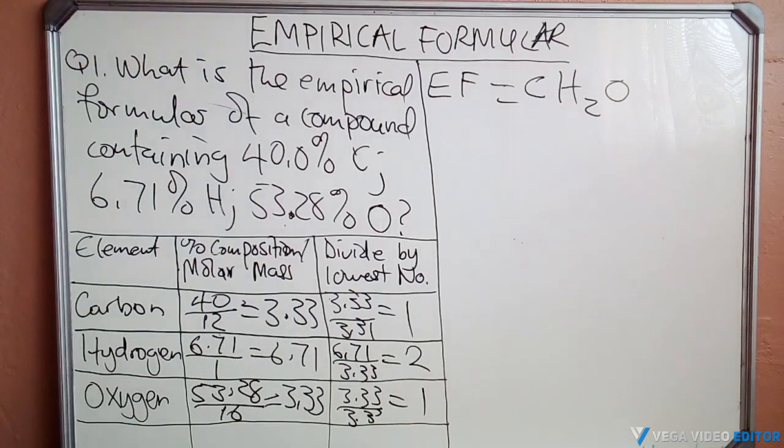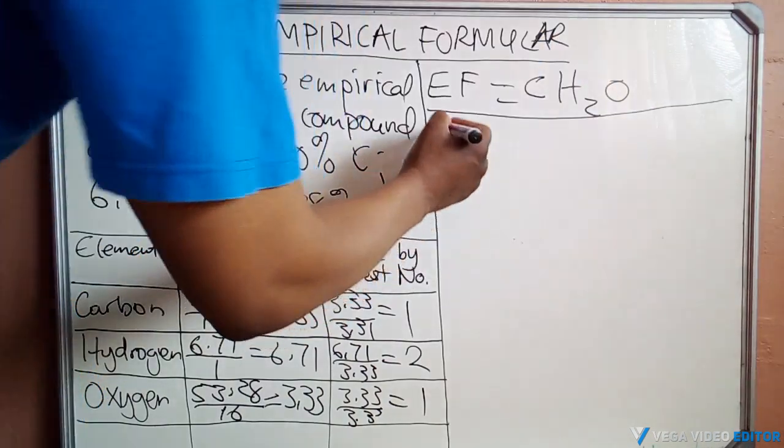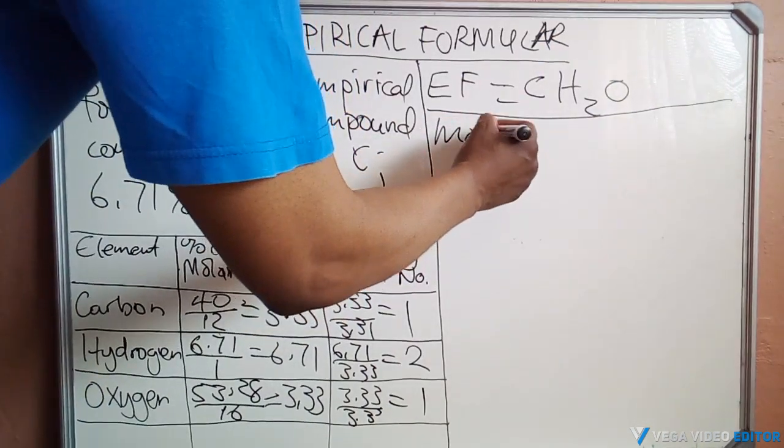Now the question goes further and says, determine the formula for the compound in question 1 if the molar mass is 180 grams per mole.